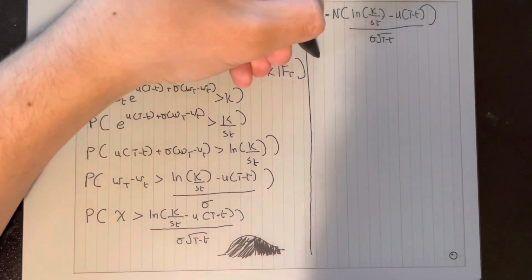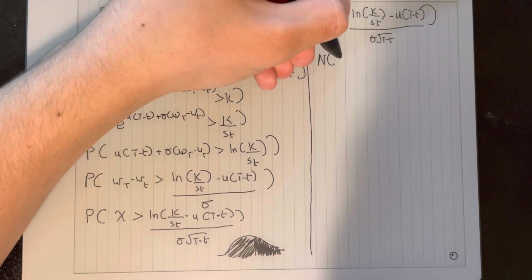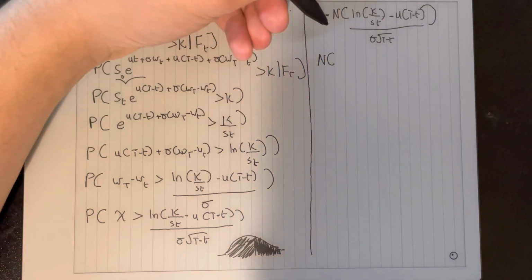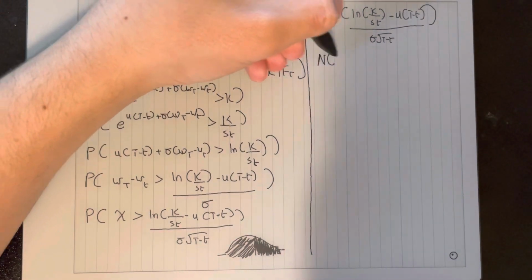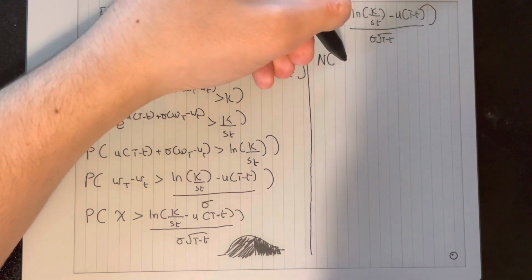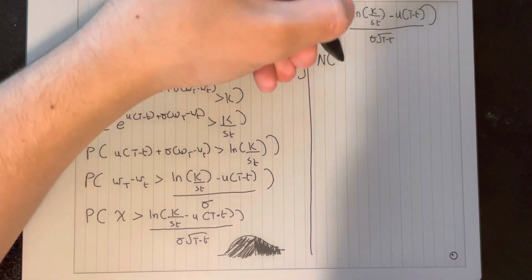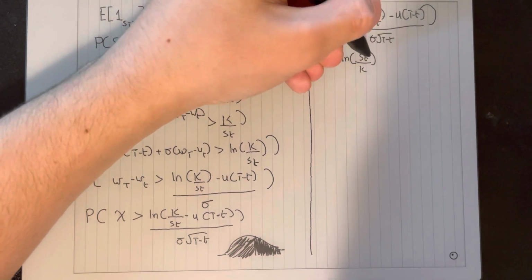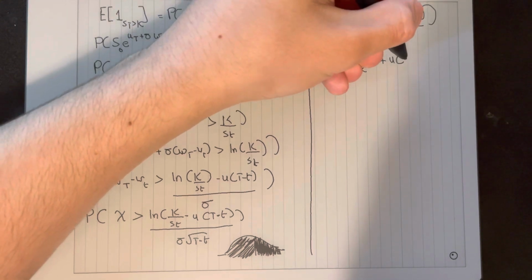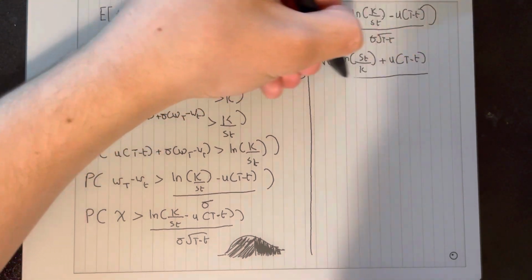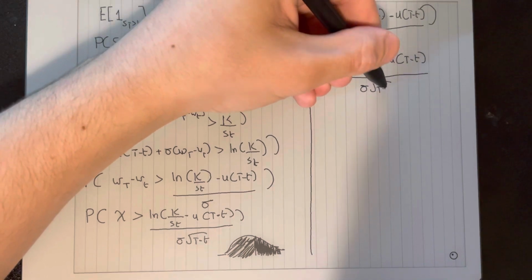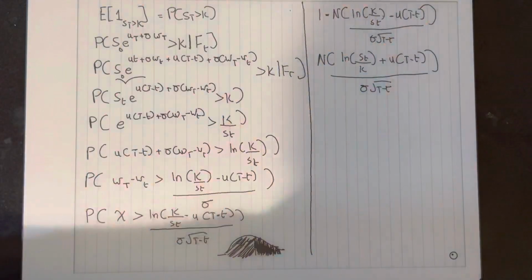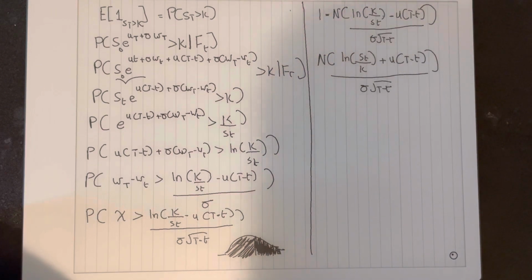And this eventually equates to taking 1 minus N. From statistics, you know that this is equal to N with the negative inside the brackets. So negative over here, meaning that we can simply take log of S_t over k, plus μ(T minus little t), all of which is over σ times the square root of T minus little t. That is the first solution, the first part of the Black-Scholes equation.